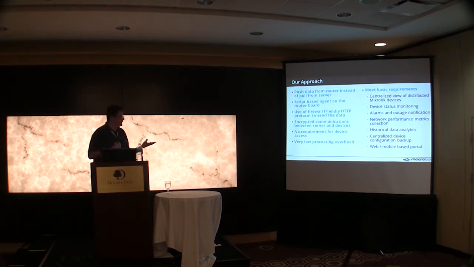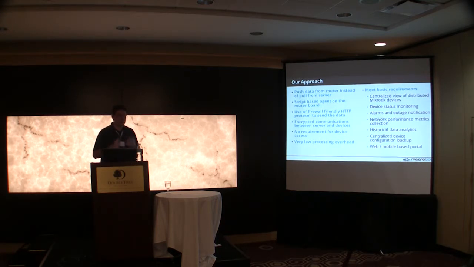And then at the end, it's very low processing overhead. It was very important not to create an application that would affect the throughput and CPU on the device. And still, we had to meet the basic requirements. So, a centralized view of distributed devices, whatever and wherever they are, so it can be on the public internet or behind double NAT and located in the ISP private intranet.